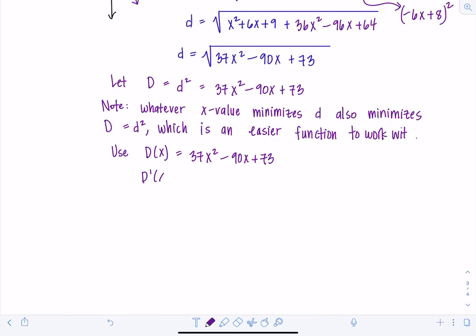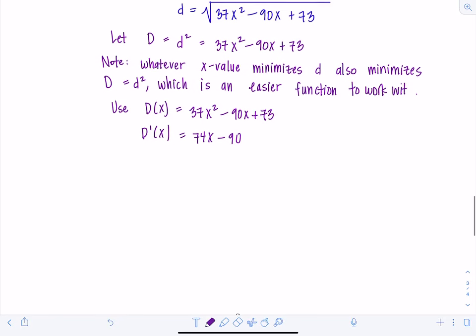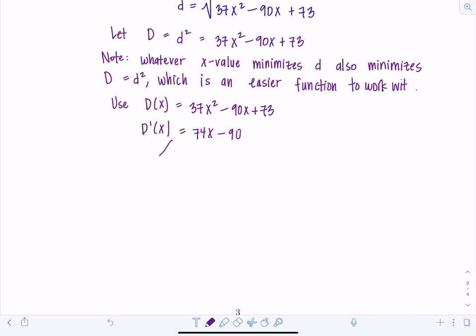So D prime of x, 37 times 2, that's 74x minus 90. Now I want to find my critical value, so I want to see, all right, where D prime of x equals 0, as well as where D prime of x does not exist.